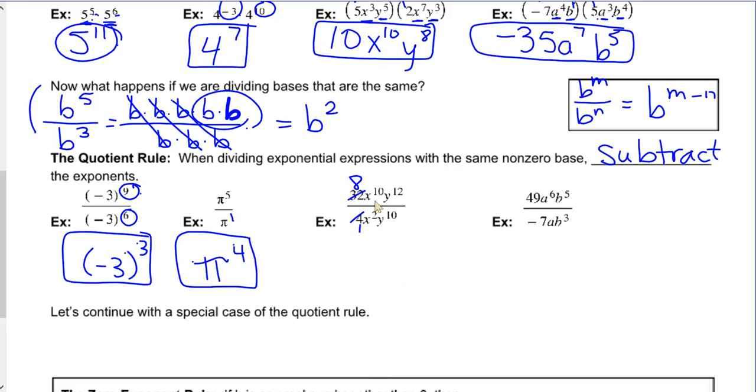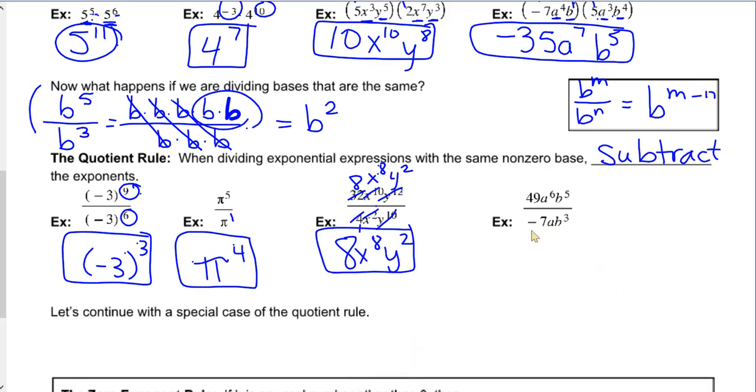I have 2 x's down here, 10 x's on top, so I'm going to cancel 2 of them out, and we leave 8 in the top. And 10 down here, we'll cancel 10 up here, leaving 2 in the top. So again, subtracting 12 minus 10 to give me a 2. Therefore, 8x to the 8, y to the second would be my final answer.